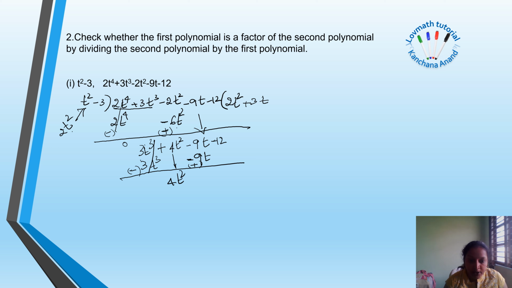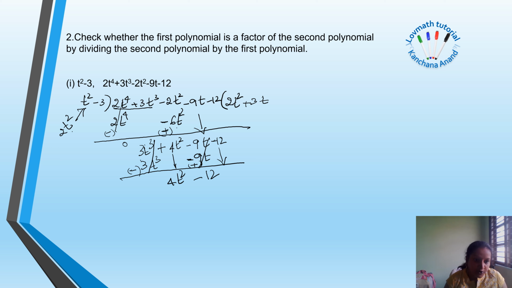And here also minus 90 and plus 90 get cancelled and minus 12. So the remainder is 4t square minus 12.